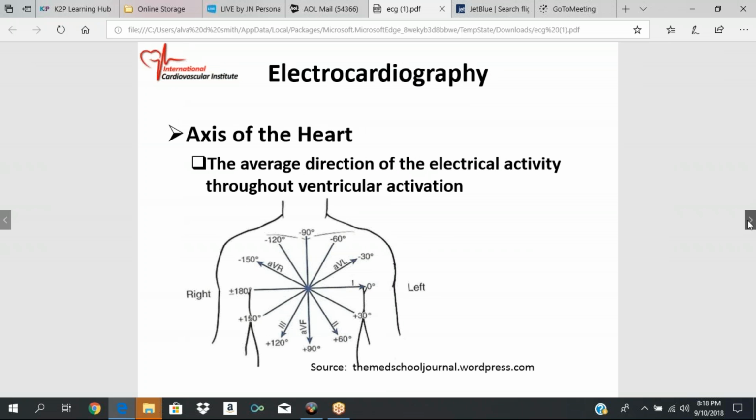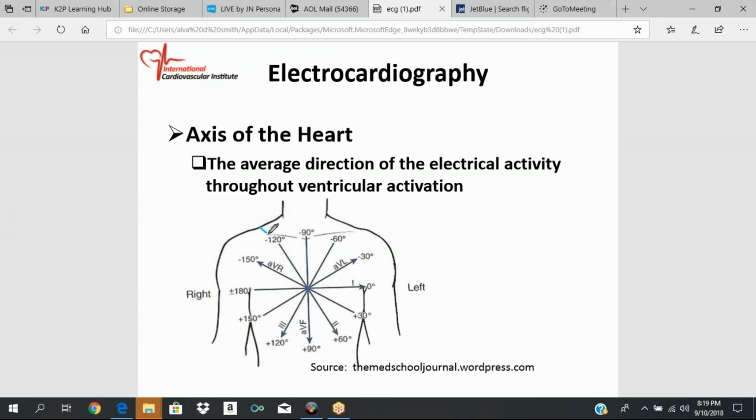Now, as I pointed out before, the electrical impulse is going to travel from the right shoulder, so to speak, down to the apex of the heart. So it's going to have this trajectory. It's going to be slanted, because of where the electrical generators are located.